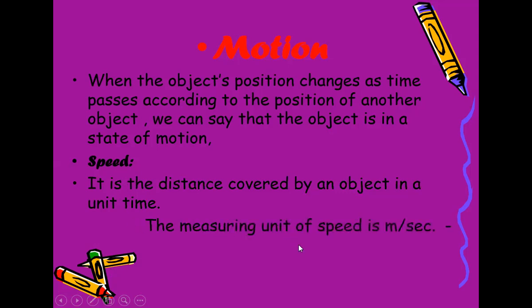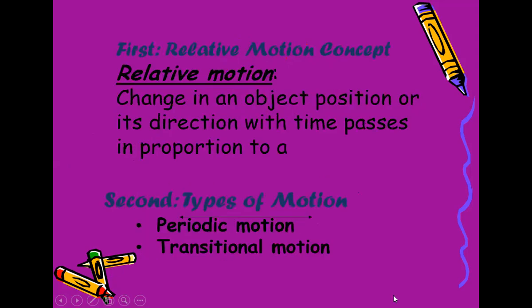So the measuring unit of speed is meter per second. The measuring unit of distance is meter. The measuring unit of time is second. These are international measuring units.